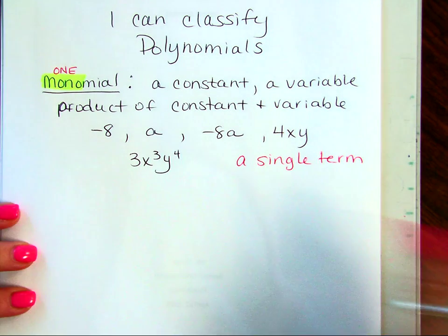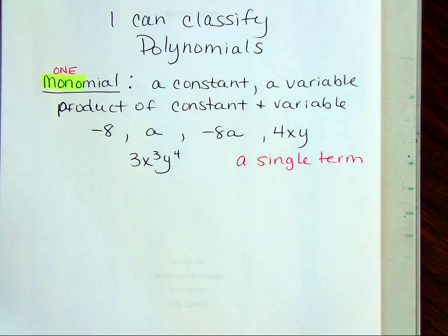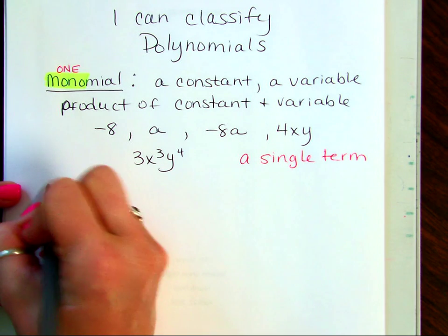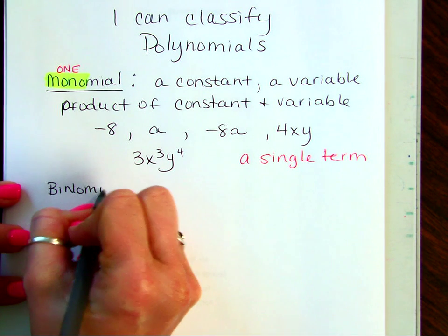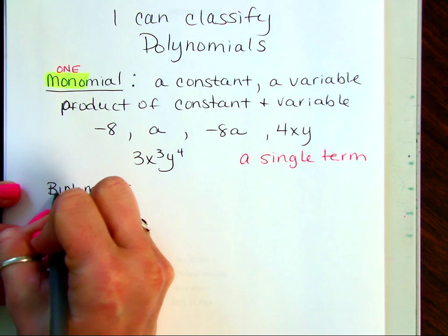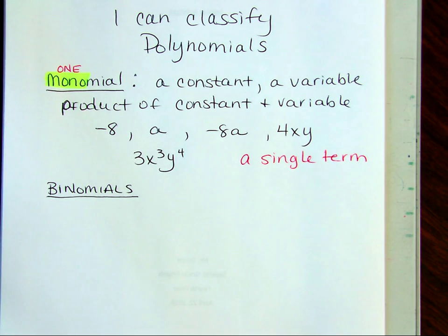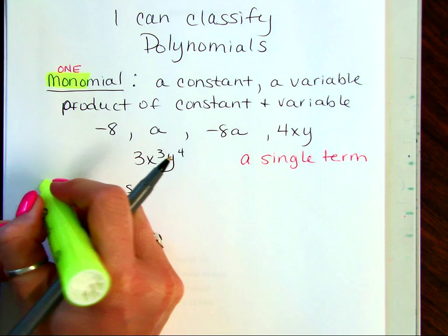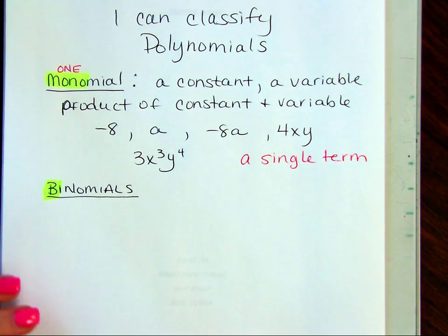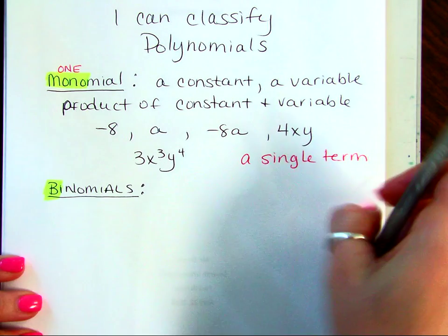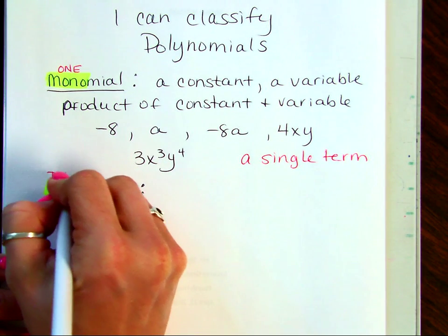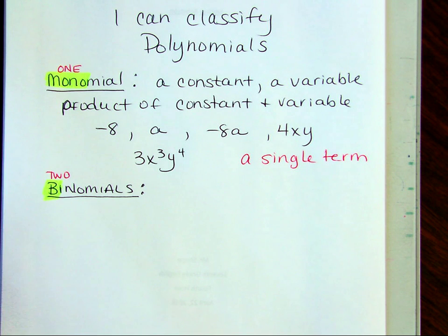So then, if we have monomials, then we can have binomials. Okay? And how many wheels are on a bicycle? How many lenses do you look through for a binocular? So the prefix bi means 2. Okay? And so all a binomial is when you take 2 monomials and separate them with an operation sign.